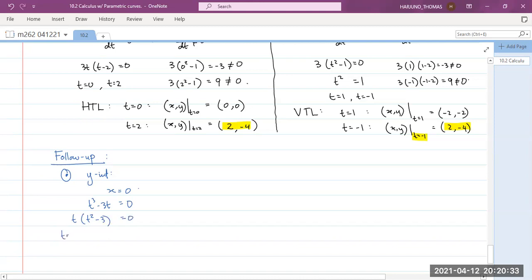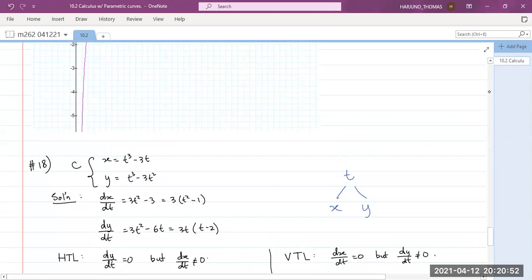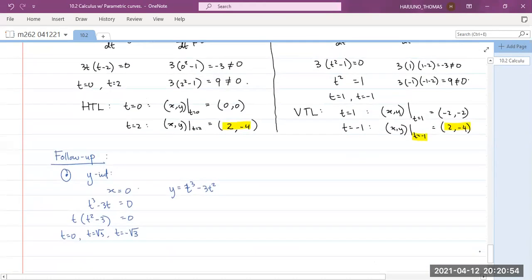That's when t equals 0, t equals radical 3, t equals negative radical 3. Now plug that into the y. Y is t cubed minus 3t squared, as I remember. So what is y at 0?